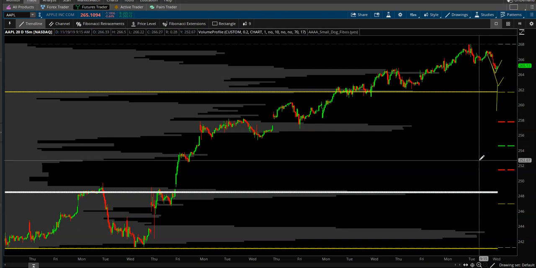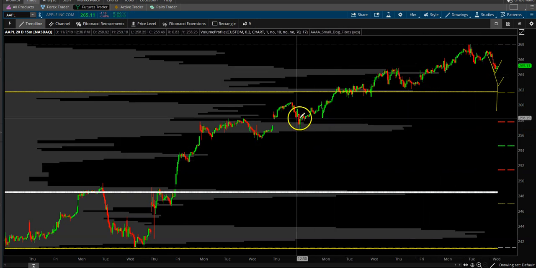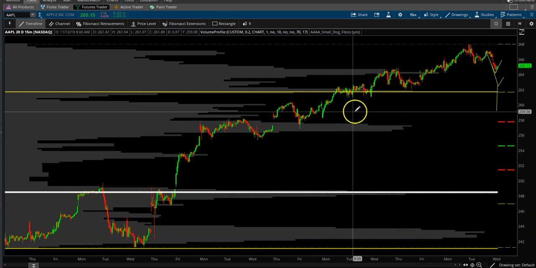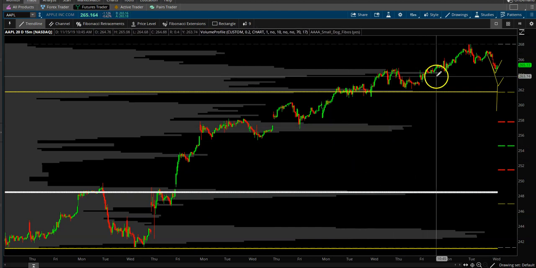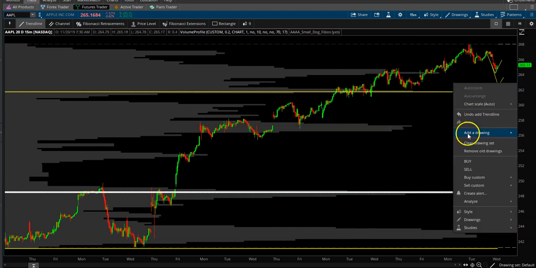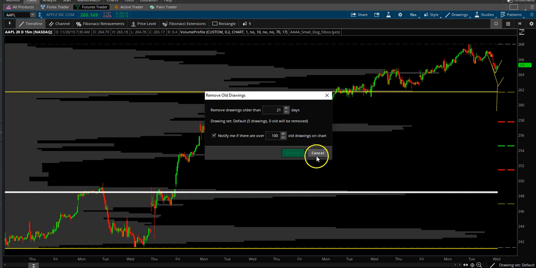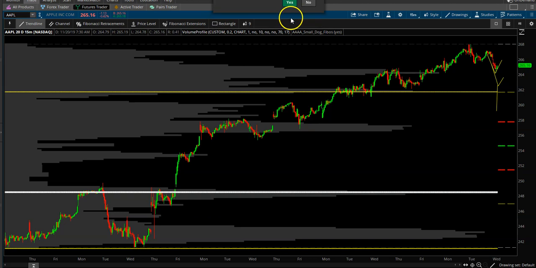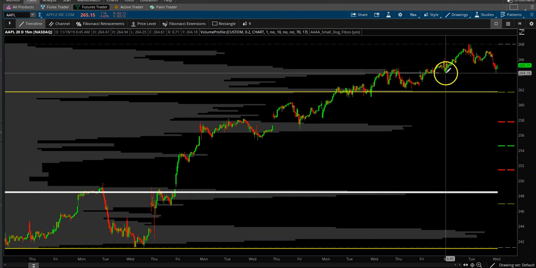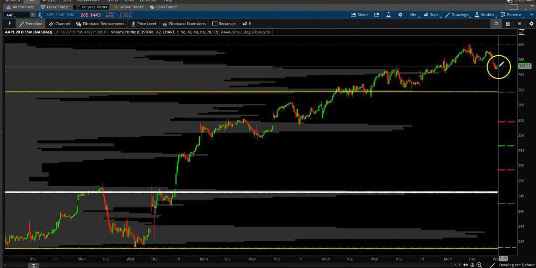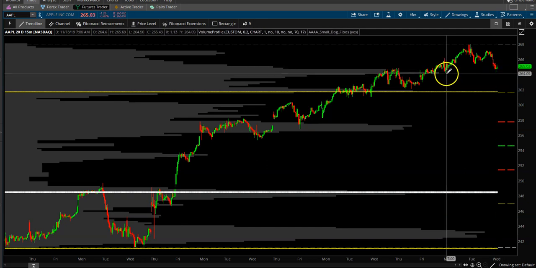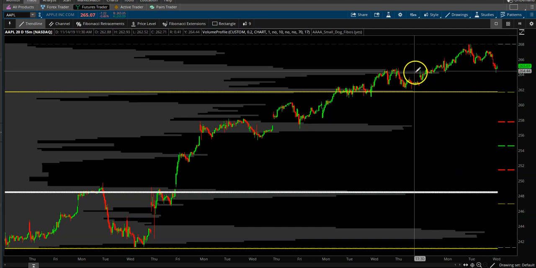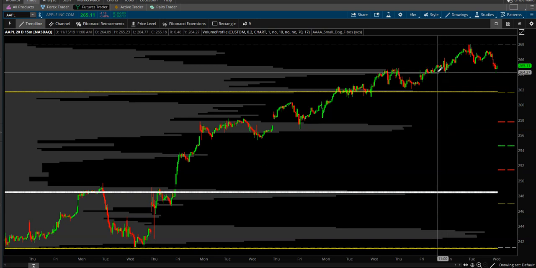It just depends, but usually with high volume nodes, you could look for a long somewhere around here. It's not going to be as perfect as this one was. Let me remove this drawing. This was actually a really perfect bounce, but it also coincided with this double bottom, so we now have multiple things, also known as confluence.